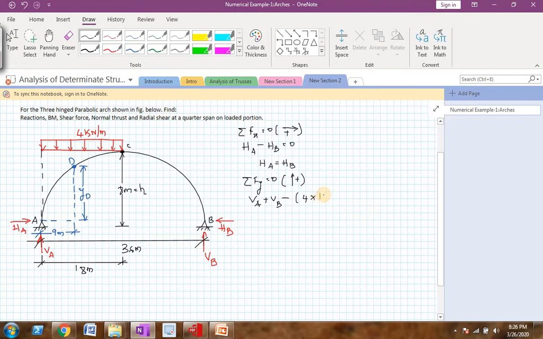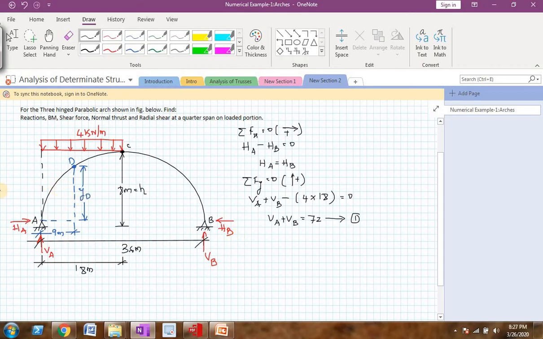So minus 4 into 18 equal to 0. So from this I can rewrite this as VA plus VB is equal to 72. So let me name this as equation 1.